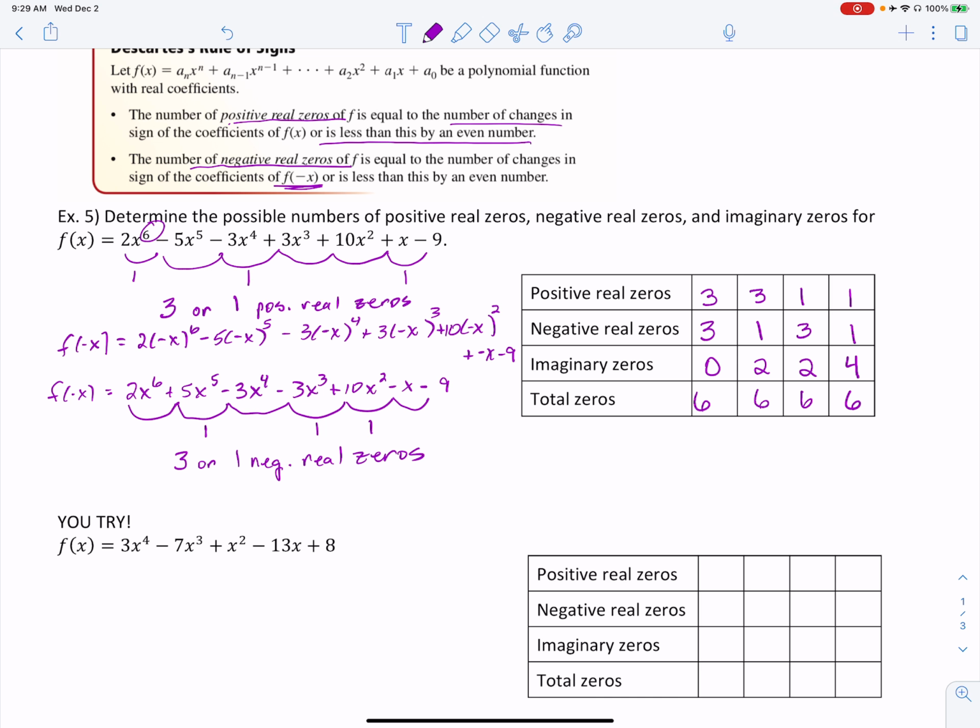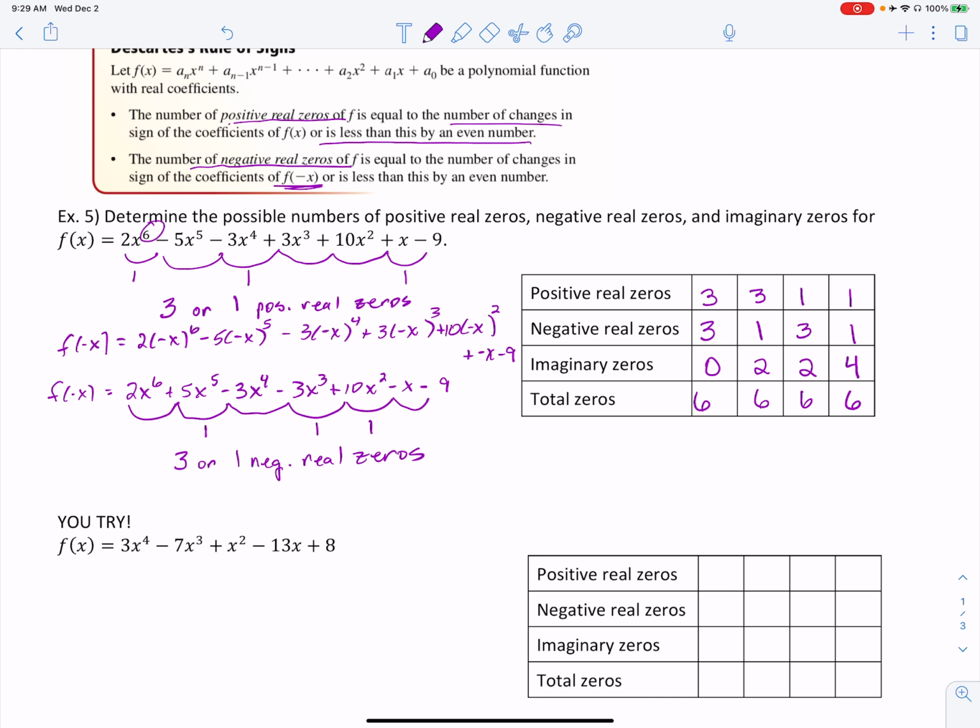So you need to make up this chart with all the different combinations of possible real and imaginary zeros. And so there's going to be at least one place to the right of the y-axis that this polynomial crosses, and at least one place to the left, because you have to have at least one positive real and one negative according to Descartes' rule of signs.